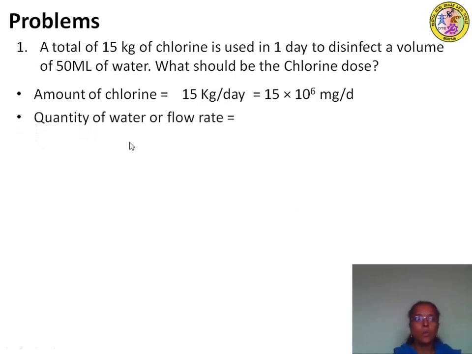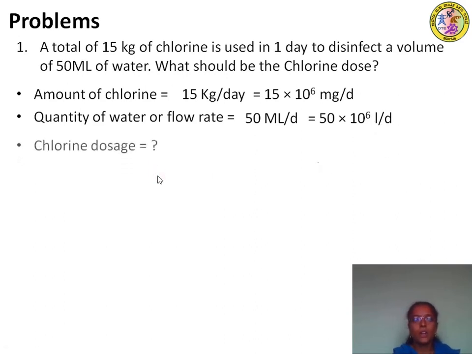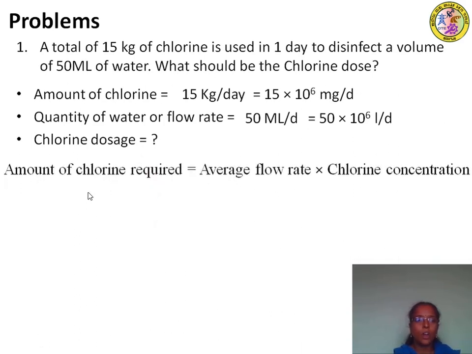Next, the quantity of water or flow rate is 50 million liters per day. Converting million liters into liters per day, that will be 50 into 10 power 6 liters per day. Now, what should be the chlorine dosage? Let us use this equation: amount of chlorine required is equal to average flow rate into chlorine concentration.